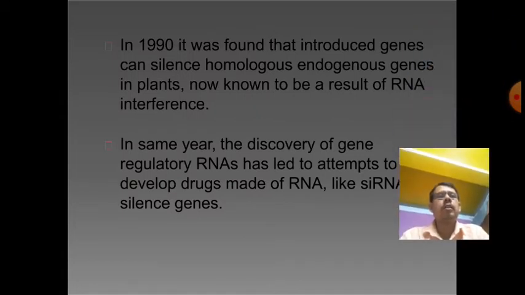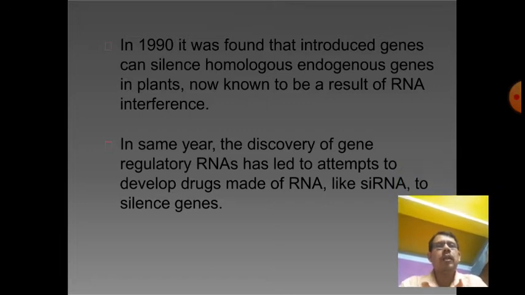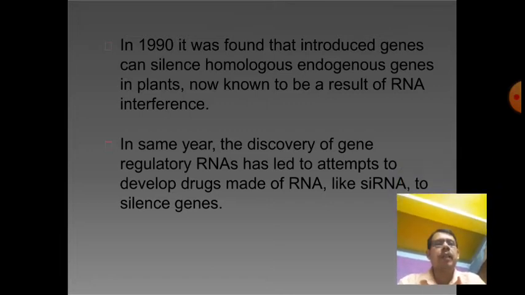In nematodes, the silencing of endogenous genes in plants became known as RNA interference, and the same year they discovered gene regulatory RNAs, which led to attempts to develop drugs made of RNA, like siRNA, small nuclear RNA, to silence genes.